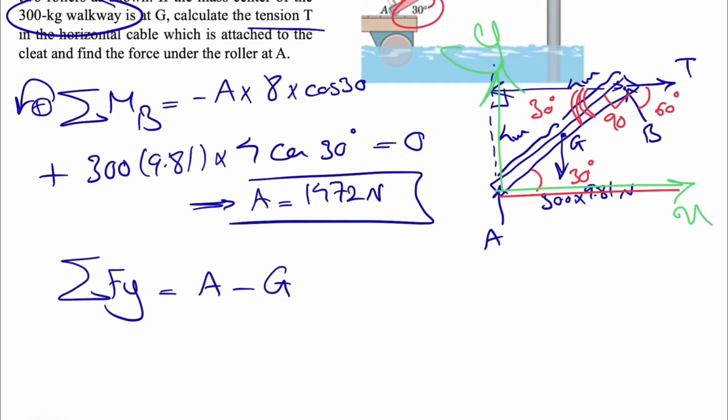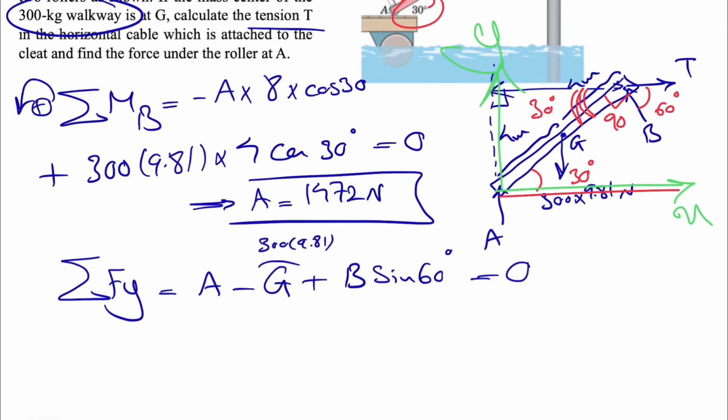If that's the angle, we know that B sine of 60 will be the y component of B. So we have plus B, since upward is positive, and as I said, sine of 60 would be our y component. We know G is 300 times 9.81.